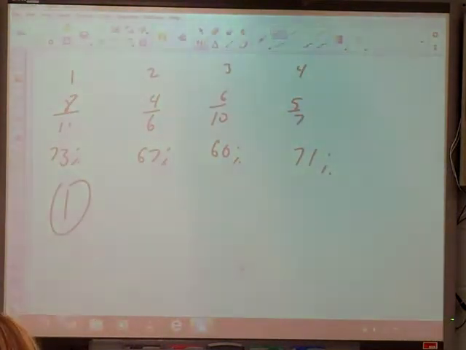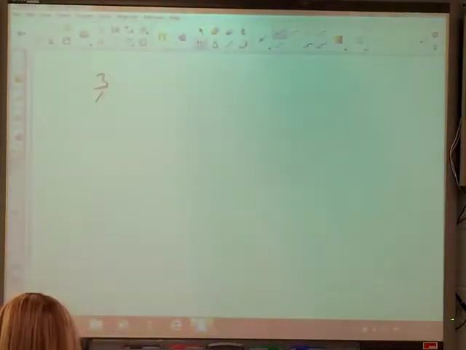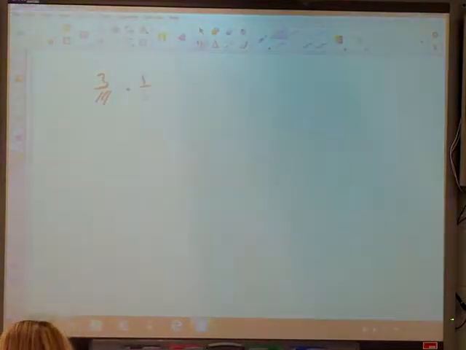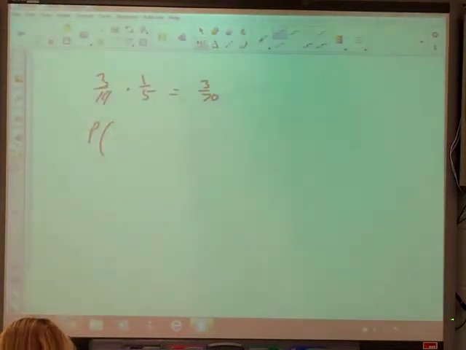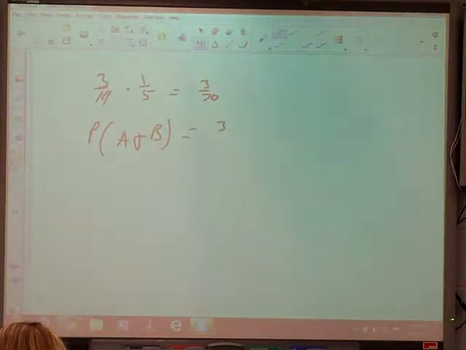Okay, number 10, it wants to know, based on that information, if those events are independent or not, and to explain. If I took event A, which is 3/14, and I multiplied it by event B, which is 1/5, that would get me 3 out of 70. So that would mean that the probability of A and B, if they're independent, would be 3 out of 70.